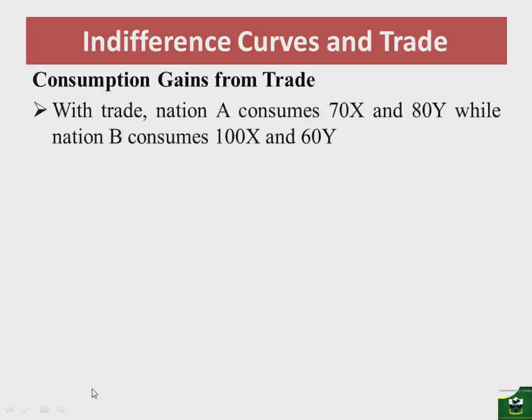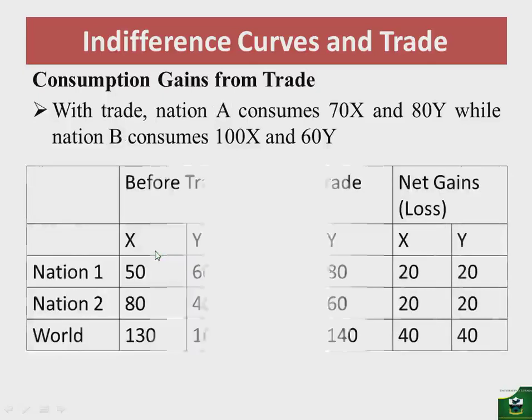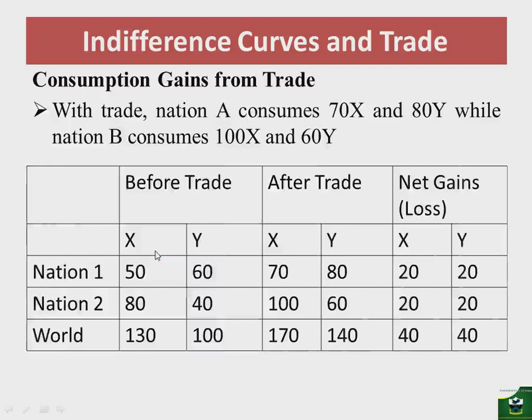Now with trade, we call it nation 1, so we can change this to nation 1, okay, and this to nation 2. So with trade, nation 1 consumes 70 units of X and 80 units of Y, while nation 2 consumes 100 units of X and 60 units of Y. And if we show this on the table, we see that these amounts before trade are the autarky production amounts.